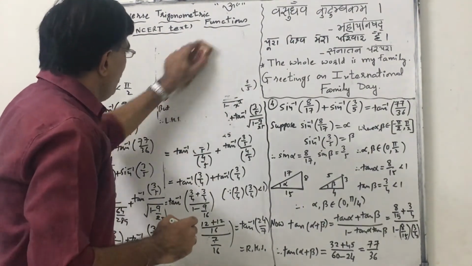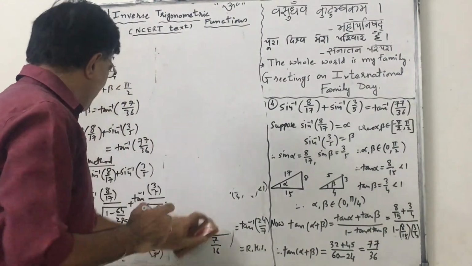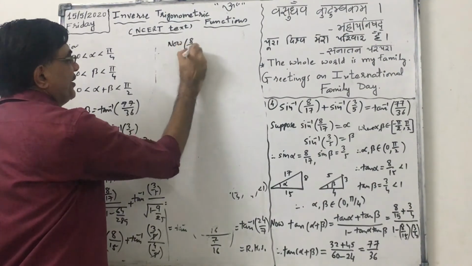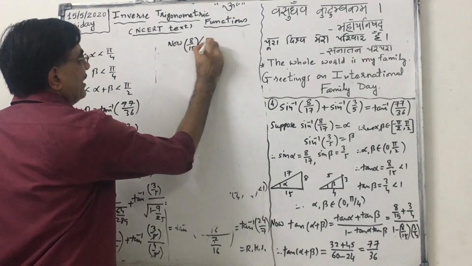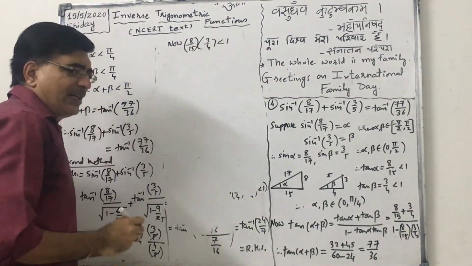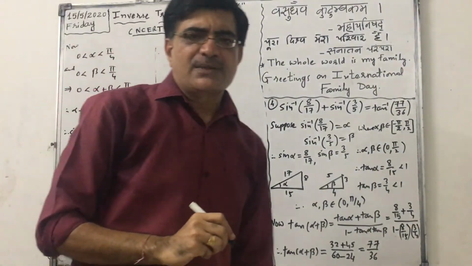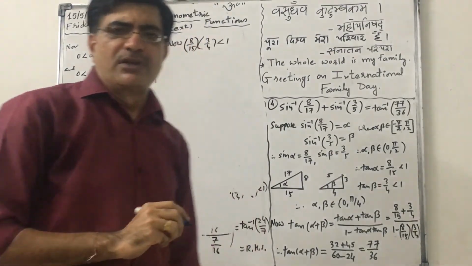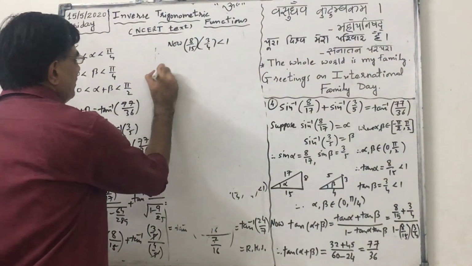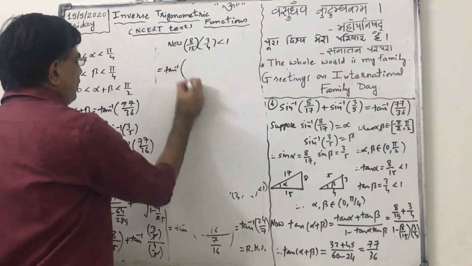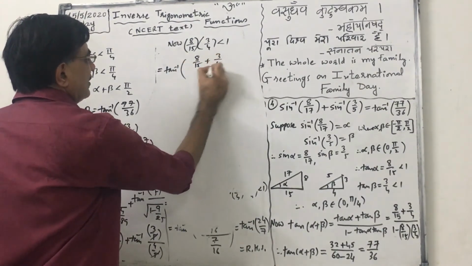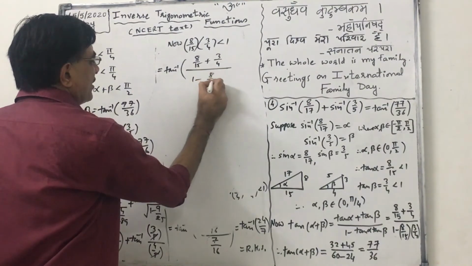Now the product of these two, okay, now 8 by 15 into 3 by 4, that is less than 1. So we have to use again tan inverse of x plus tan inverse of y equals tan inverse of (x plus y) upon (1 minus xy). So it will become tan inverse of (x plus y) upon (1 minus xy).